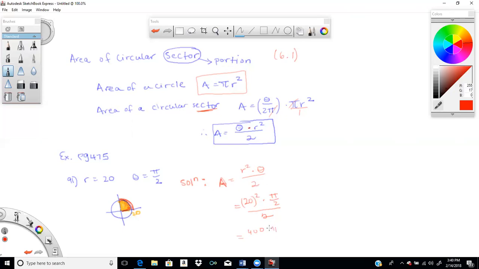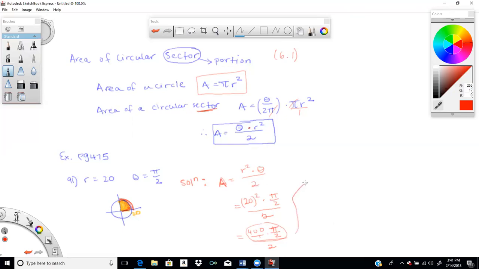Now, let me ask you something. Do you realize that this 2 really goes down to the bottom? Will that confuse you if I do that? I'm going to just leave it at the top for the moment. If we just deal with the top, 400 over 1 times pi over 2 gives you 200 pi.